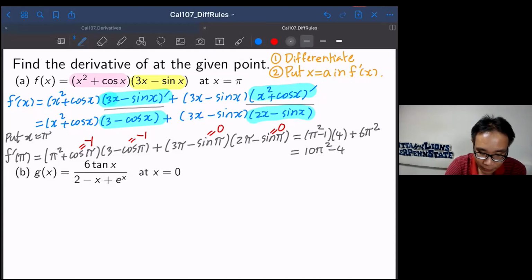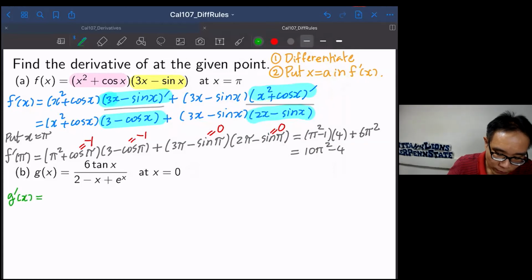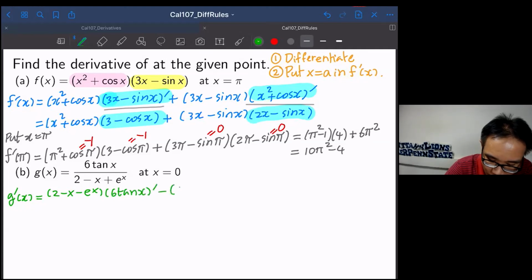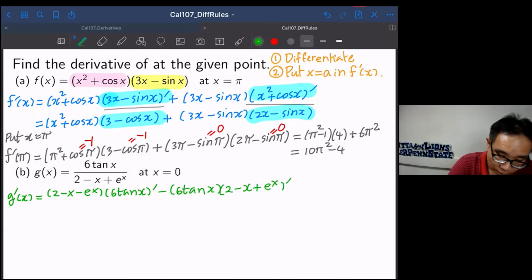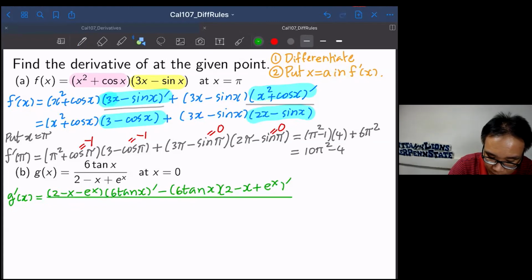The next one, I'm going to use another color. You have g(x) equal to 6 tan x over 2 minus x plus e^x. So g prime x equals the bottom times the derivative of the top, minus the top times the derivative of the bottom, and everything will be over the bottom squared.